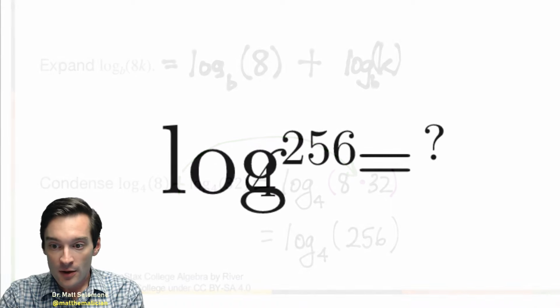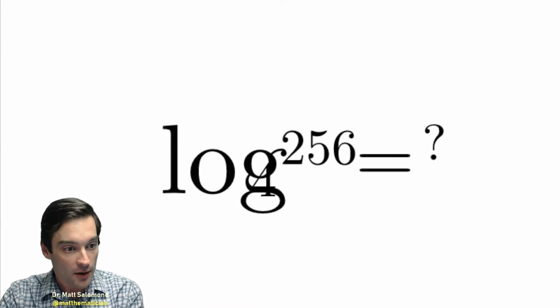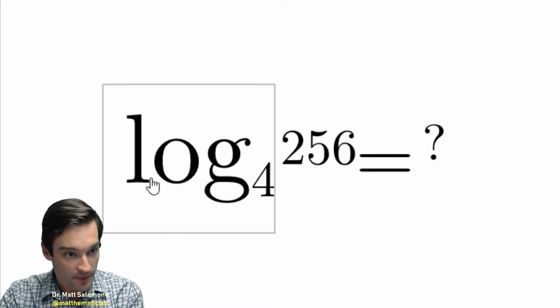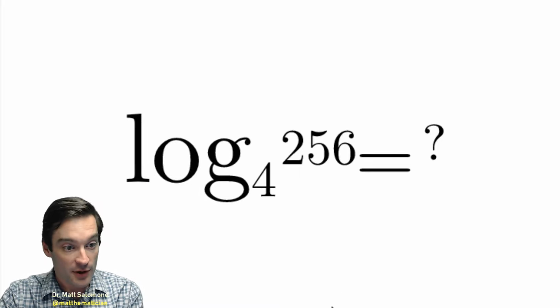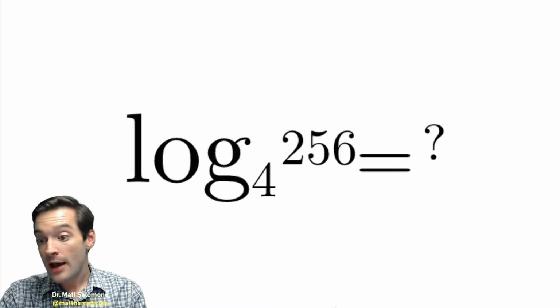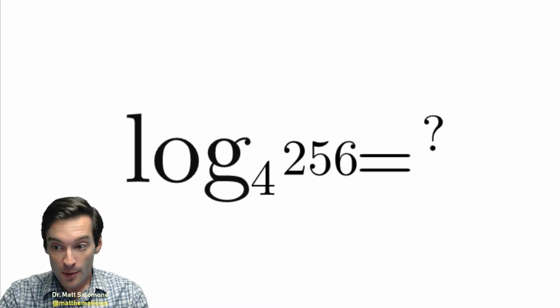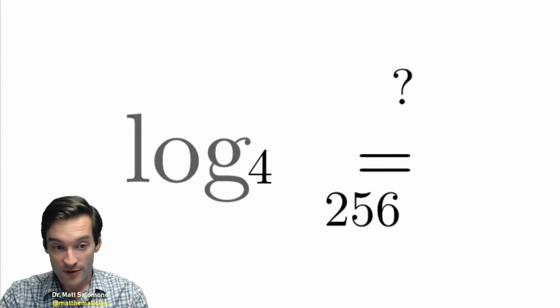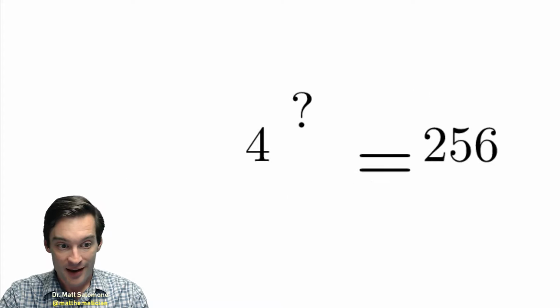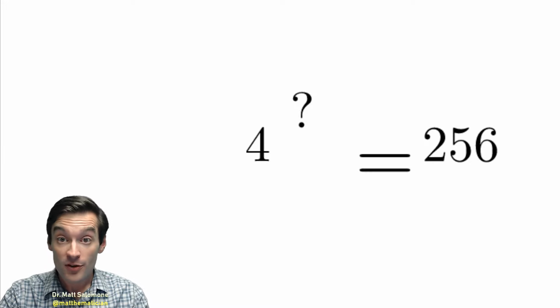Right. So we have the base 4 log. Let me move the word log over a little bit. We have the base 4 log of 256. And I want to know how to translate that into an exponential instead of a logarithmic equation. So we'll just reverse the roles of the 256 and the question mark and find out that the equation we're really asking is what power of 4 gives me 256.